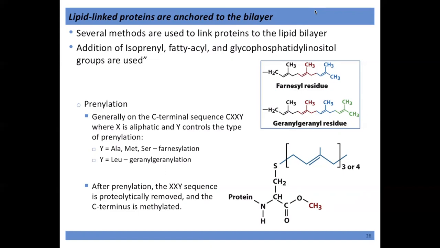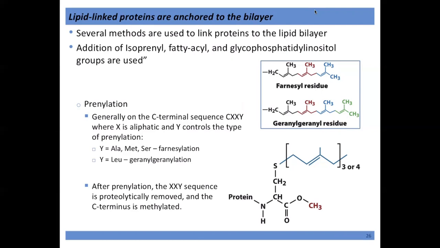So for prenylation, it generally happens at the C-terminus of the protein, and you have a sequence C, so we got a cysteine. Then you tend to have an aliphatic, meaning a non-polar amino acid, and then you tend to have Y, which determines if you're going to attach a farnesyl group or a geranyl.